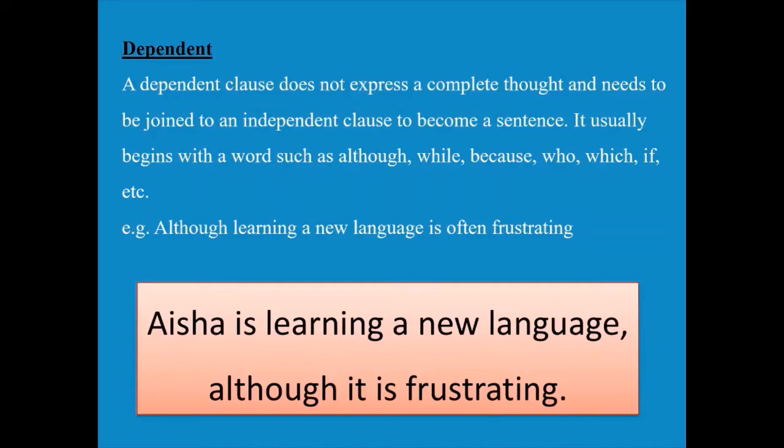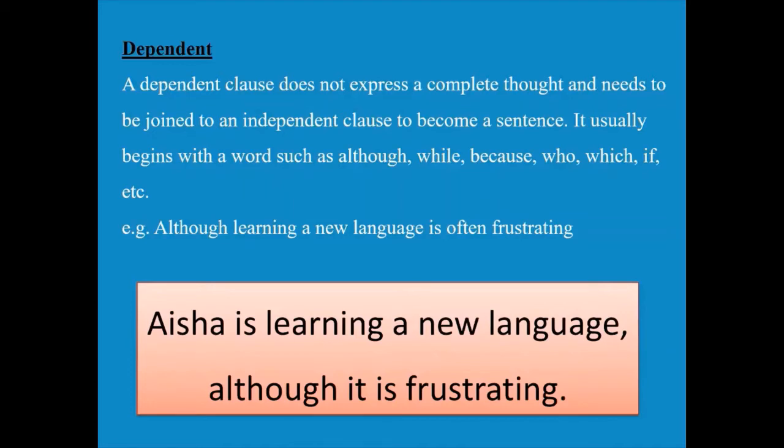So if you have understood dependent and independent clause thoroughly, then it will be very easy to identify compound, complex and compound complex sentences. Okay. Here's an example. Aisha is learning a new language, although it is frustrating. In this sentence, although it is frustrating, this part is the dependent clause.